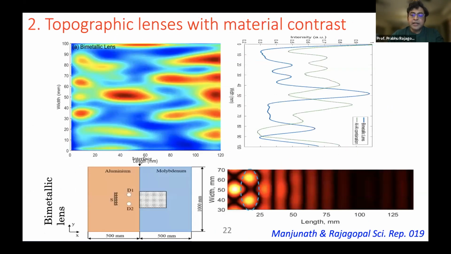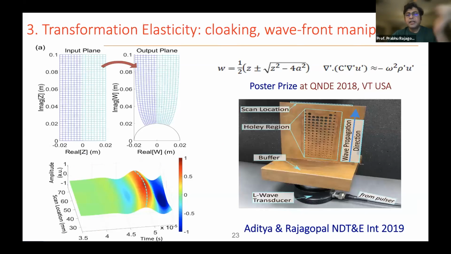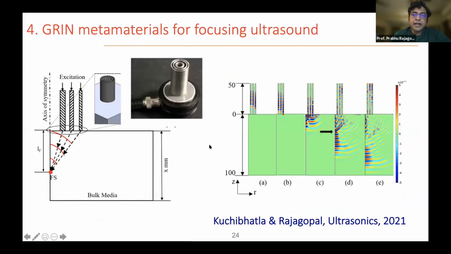That's one line of work. The other very exciting line of work is to study phenomena such as cloaking of sound, using approaches such as transformation elasticity. These approaches are similar to transformation optics that is used in the context of electromagnetic waves. So we can, for example, make an object invisible to sound. That's another strand of work.